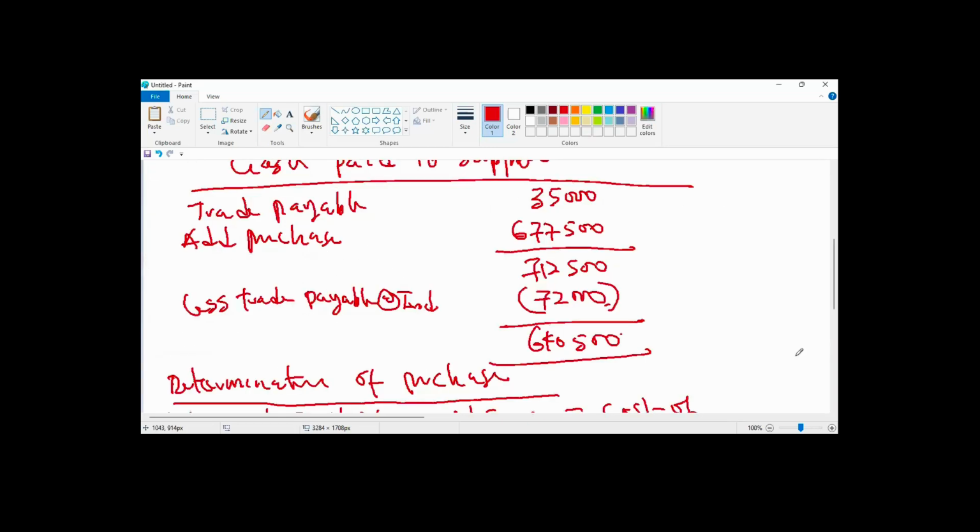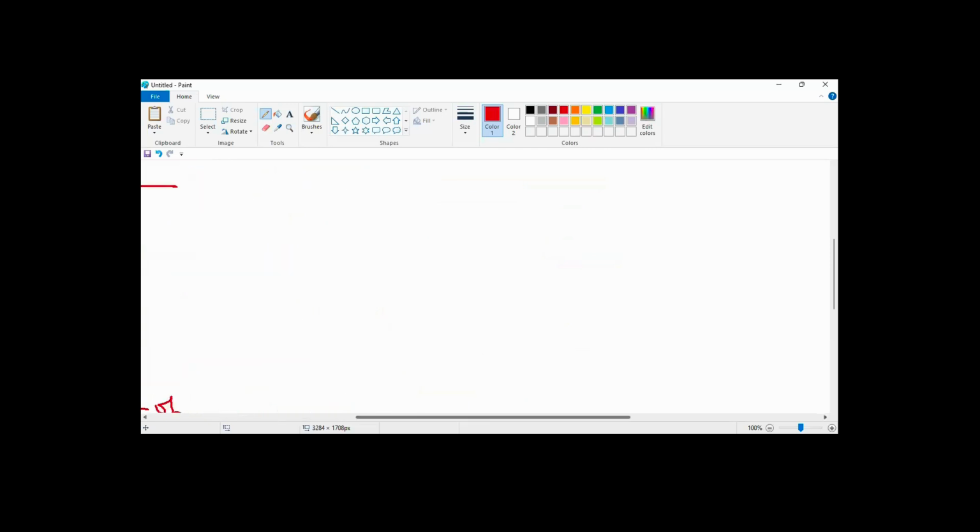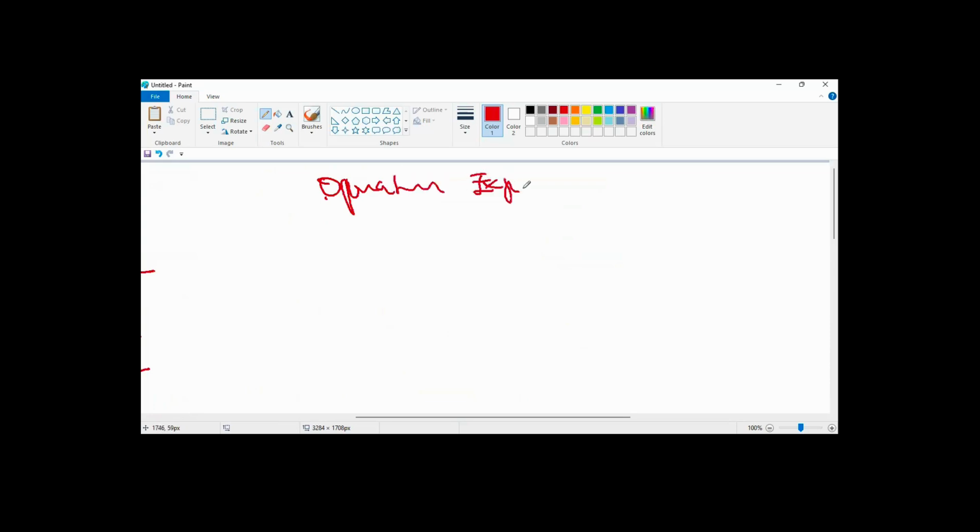In operating expenses, I have picked profit before tax as a starting point. I'll go to the P&L and pick operating expenses.